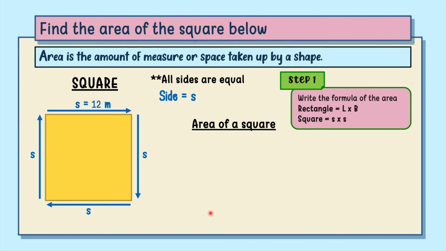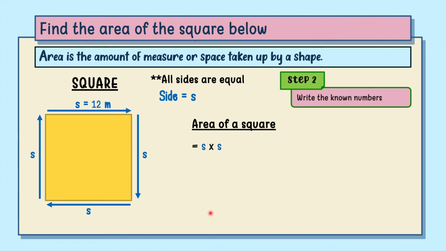We're talking about square. So the formula to find area of a square is side times side. Next, write the known numbers, step number 2. Known numbers, side is actually 12 meter. So 12 times 12. Next step, we solve and show the working.